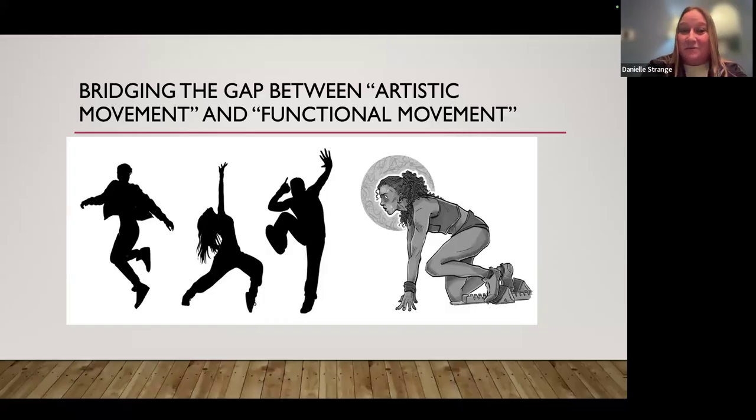I know that many physical education teachers are, but then some have a dance background, so it comes easy to you. So I'm going to give you some ideas of how to incorporate dance into your everyday PE activities that will work. If you have any questions as we go through, put it in the chat or raise your hand. We're going to go on to the next slide.